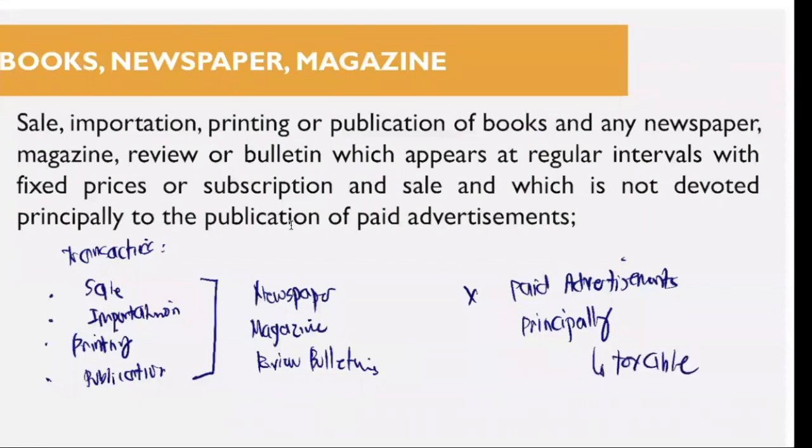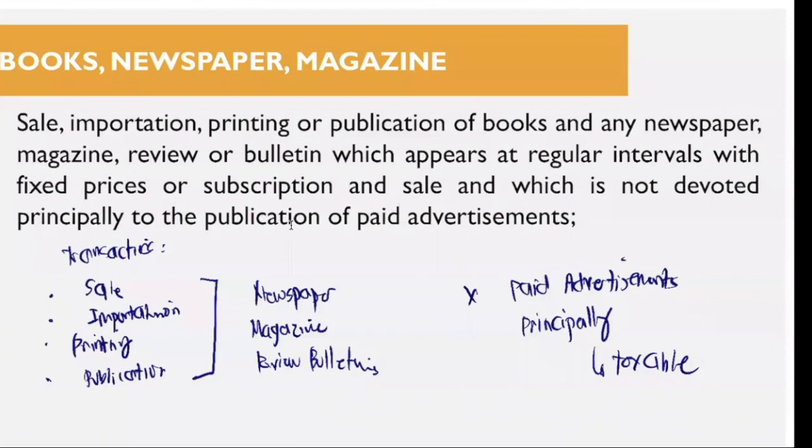Okay? So kung majority ng nandun is paid advertisements, taxable. So for example, you have a newspaper, you are a publisher of a newspaper, and then 50 pages of that newspaper, 50 out of 50 is for paid advertisement. Question, taxable, exempt? Taxable because it is now for paid advertisements, principally for paid advertisement.